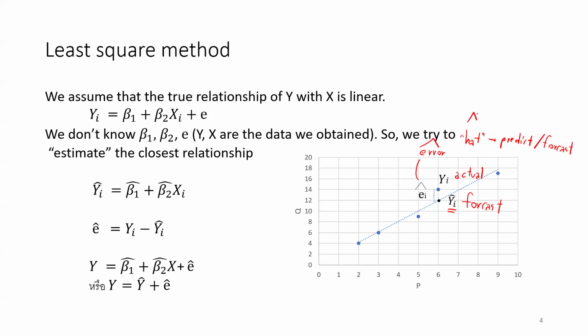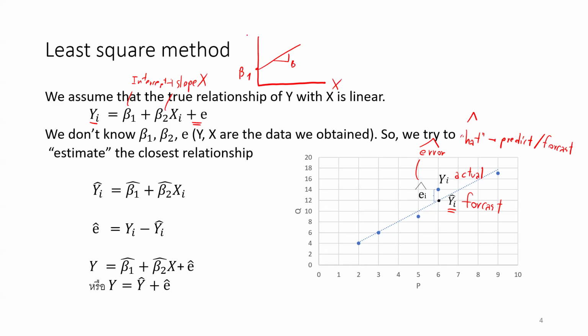So least square method, for example, if we assume that the relationship of y and x is like this, y equal intercept plus slope multiplied by x plus error, because this will be econometrics, which means if I draw the figure, we have the beta 1 here and we have a beta 2 as slope.